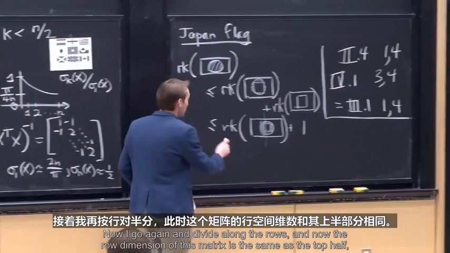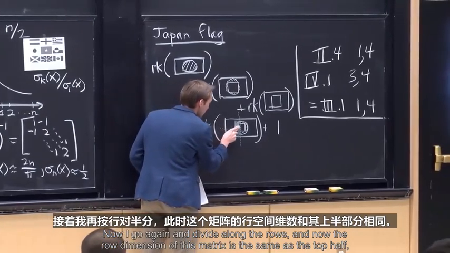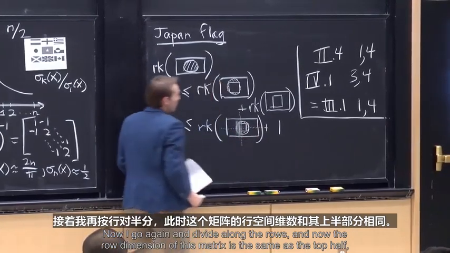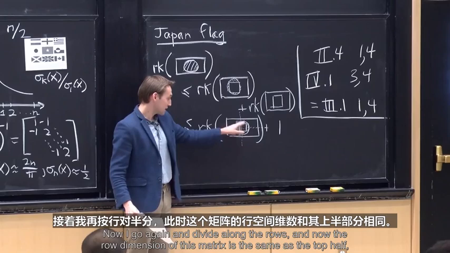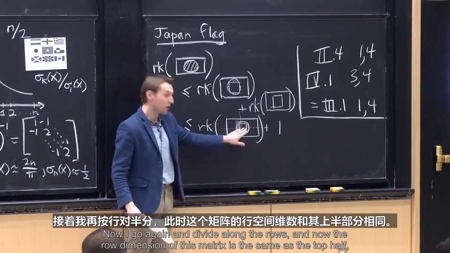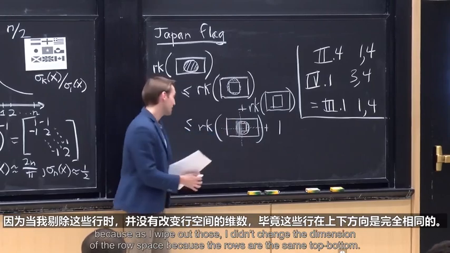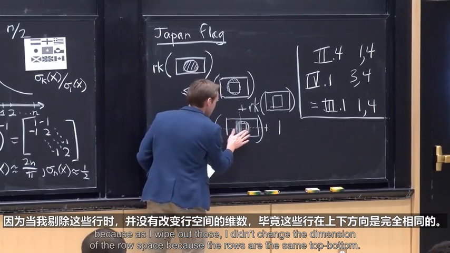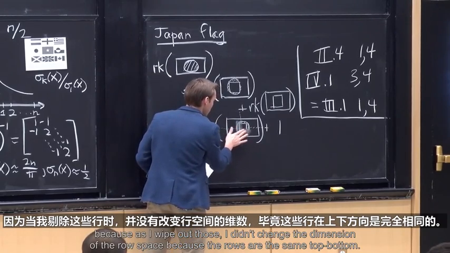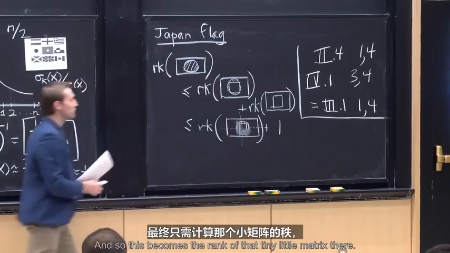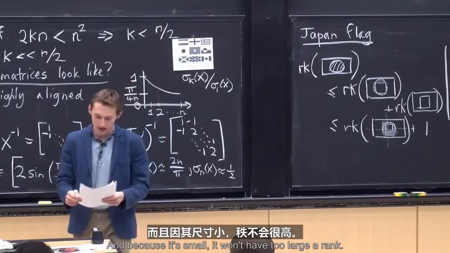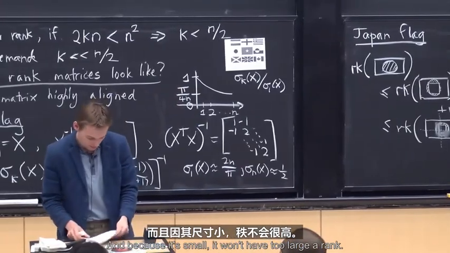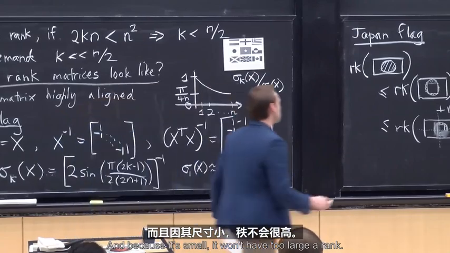Okay. Now I go again and divide along the rows. And now the row dimension of this matrix is the same as the top half because as I wipe out those, I didn't change the dimension of the row space because the rows are the same top and bottom. And so this becomes the rank of that tiny little matrix there. And because it's small, it won't have too large a rank.